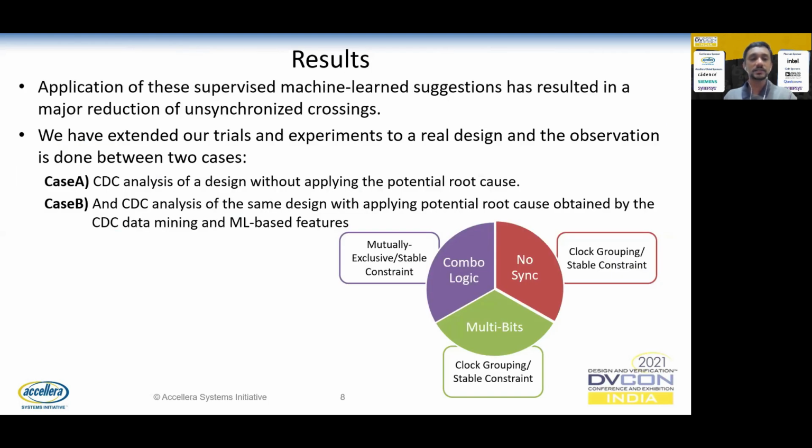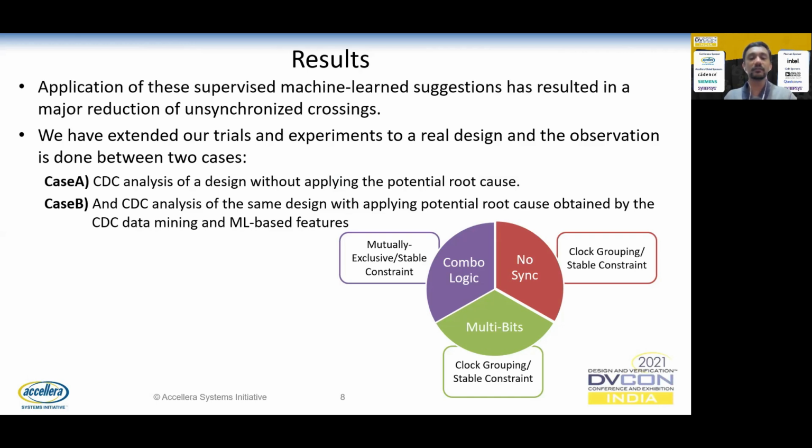Results. As discussed in our previous slides, the most common problematic cases of CDC paths. In this paper, we have showcased how the data mining and machine learning feature capabilities during the CDC analysis help users by providing potential suggestions for the CDC constraints and have resulted in a major reduction of unsynchronized crossings detected in the design.